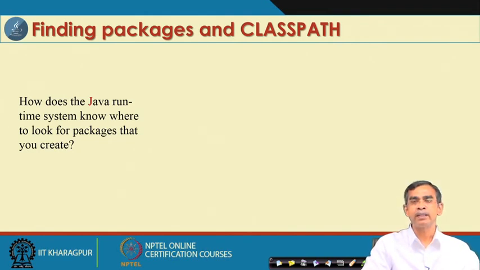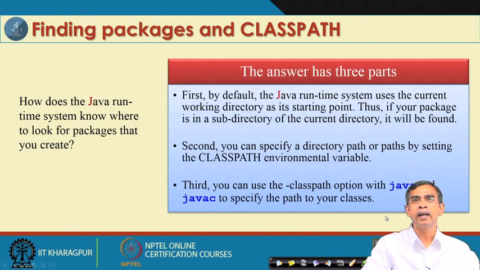So, class path is one environment variable, and you have to set it. Class path should tell where your packages are located. Whenever you refer to a package, the Java runtime interpreter will consult this class path and get the exact location to locate it.